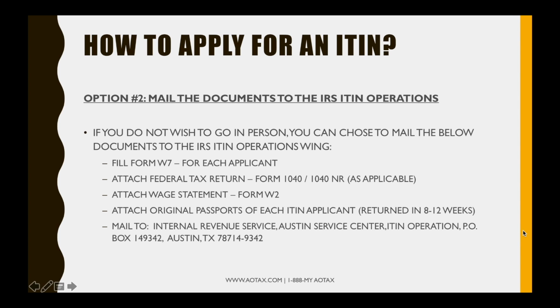Now, option 2. What if you do not wish to go in person or you choose to mail the documents to the IRS? What happens? Simple. Fill the Form W7 for each applicant. So if you're applying for your spouse and for your 2 kids, you need to fill 3 ITIN application forms.